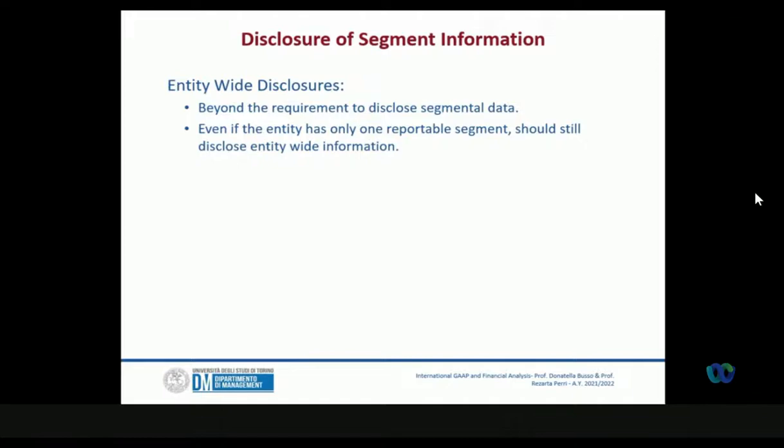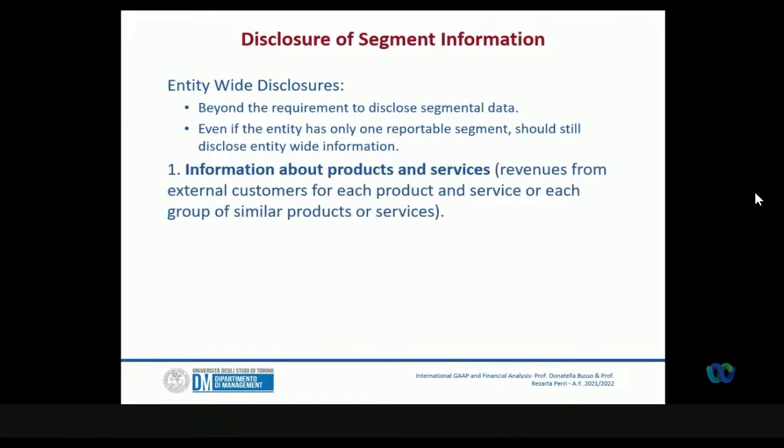Now, what are these entity-wide disclosures? First, information about products and services. That is, revenues from external customers for each product and service or each group of similar products or services. Whatever is your approach to identify the segments, they may be, for example, regional segments, segment in Europe, segment in US, segment in Eurasia, and so on.